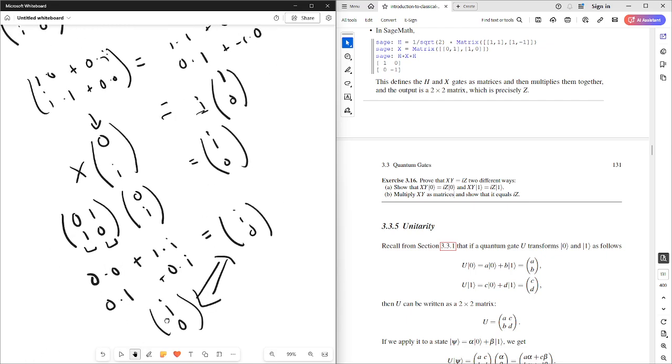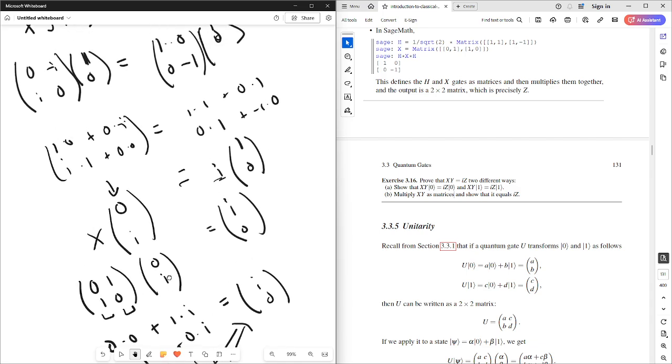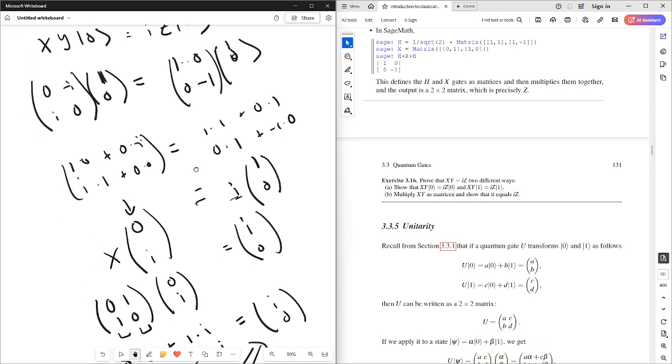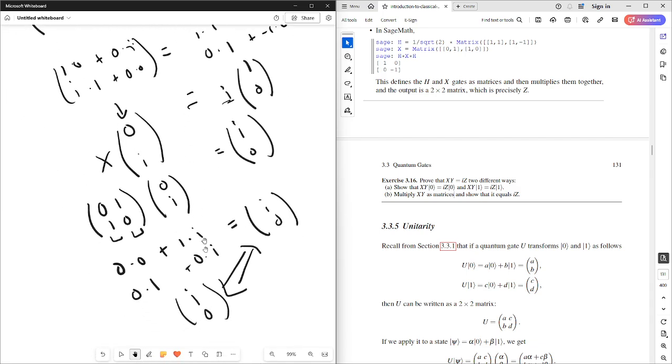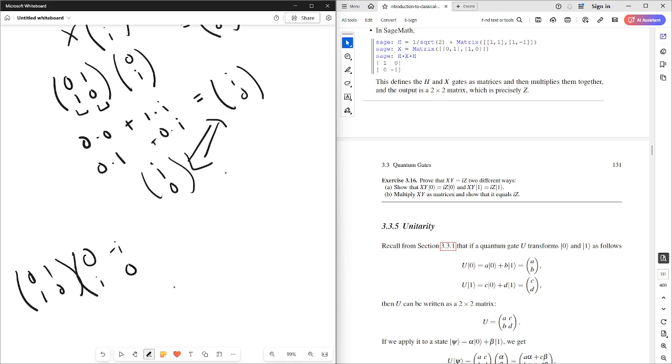Let's see if I bundle that. Yes, perfect. That is going to be equivalent to I times 1, 0, 0, negative 1.